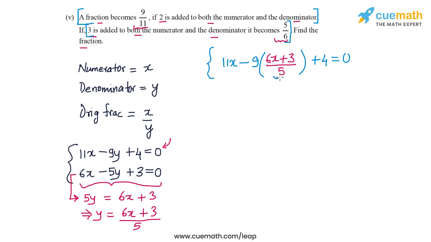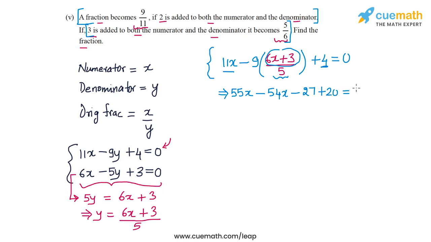So we have this 5 here. So let's take an LCM of 5 across all the terms. So 11x becomes 55x. And then we have minus 9 times this 6x plus 3. So that's minus 54x minus 27. And then we have this 4 which turns into a 20 because of the LCM of 5.